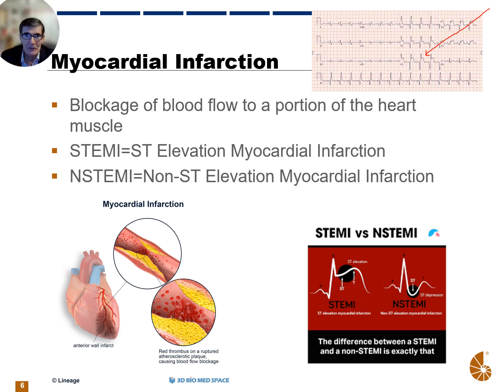And you can see I've demonstrated with a red arrow that the ST changes are elevated in certain leads, and that's what we call an ST elevation myocardial infarction, or a STEMI. Sometimes there's no particular change on the electrocardiogram, although the person did demonstrate that they had a heart attack, so we would call that a non-ST elevation myocardial infarction, or a non-STEMI.